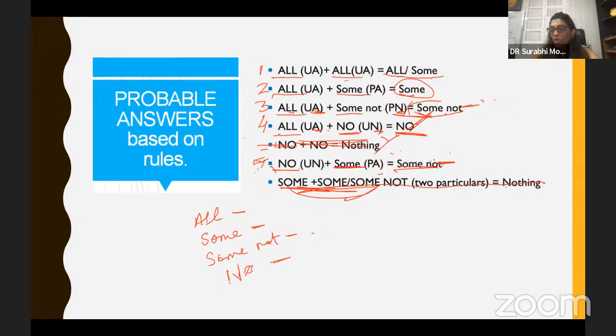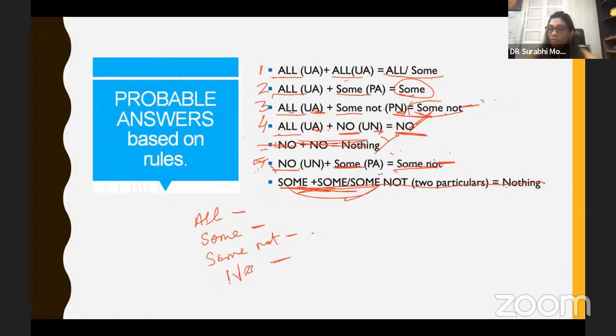Now you know which combination is capable of producing what answer. You cannot produce any other answer using these combinations. So if you see 2 alls, you know your answer is likely to be an all or a some. If there is anything else given in the answer, that's never going to be possible. If you see all and some combination, you know your answer cannot be all.